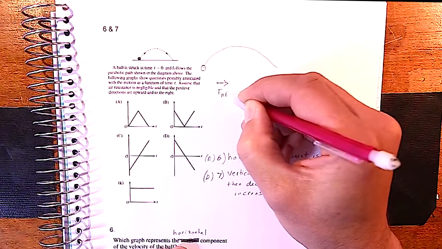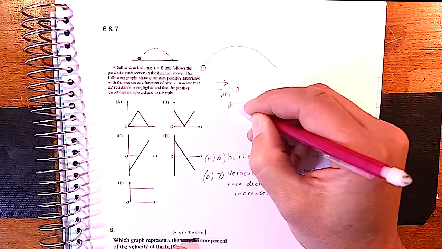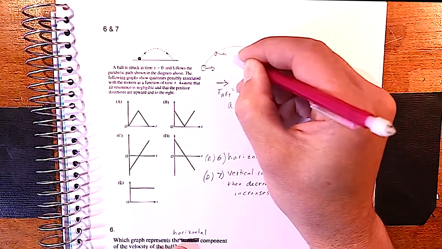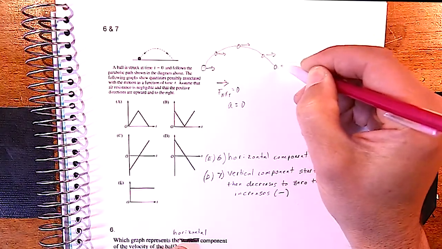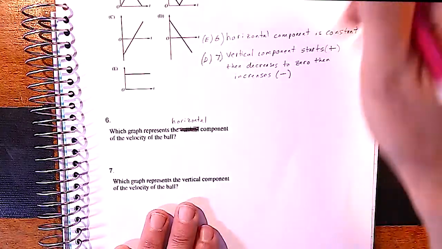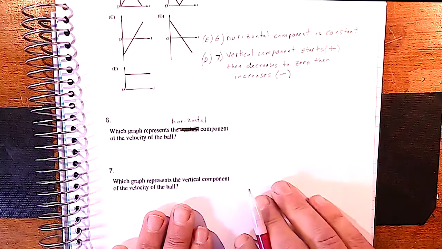So the F net horizontally is 0. So the horizontal acceleration is 0, and the velocity during the entire path is constant. So what does constant velocity look like? It is a constant positive velocity, so it's choice E.